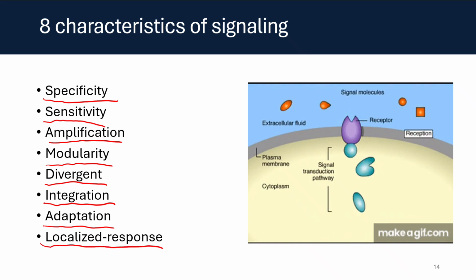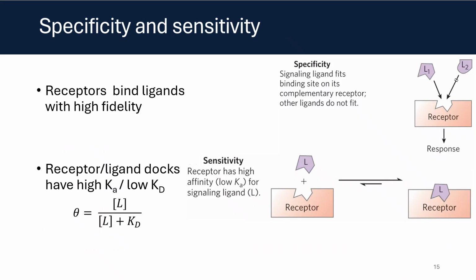And what we will do now together is walk you through each of these characteristics and how they've applied to what we've just learned. The first items I'll highlight are specificity and sensitivity.